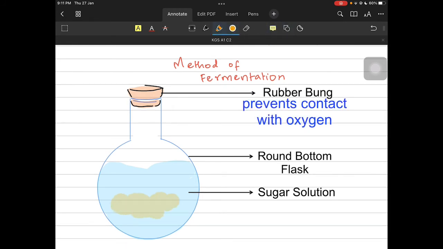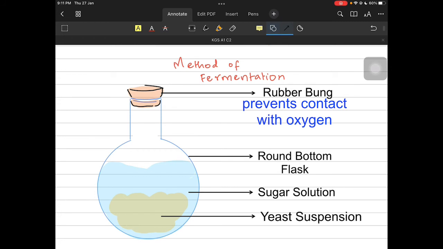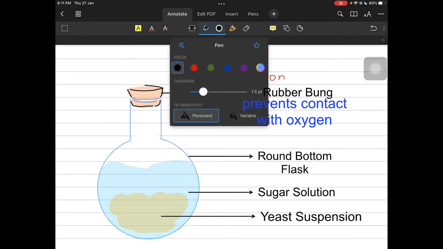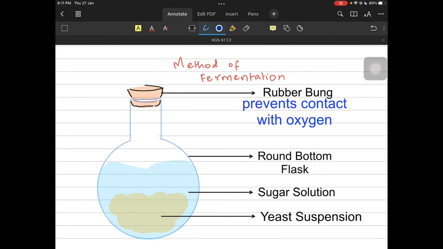Because we do not allow oxygen in here. We'll see why it happens. Then at the bottom we have yeast, which is a microorganism fungus. Yeast suspension means the cells of that microorganism fungus. This process happens in the absence of oxygen.